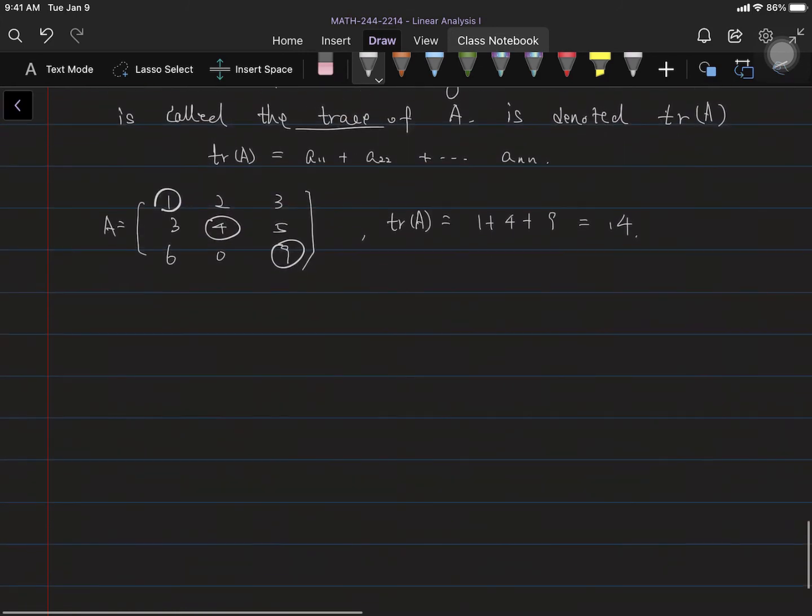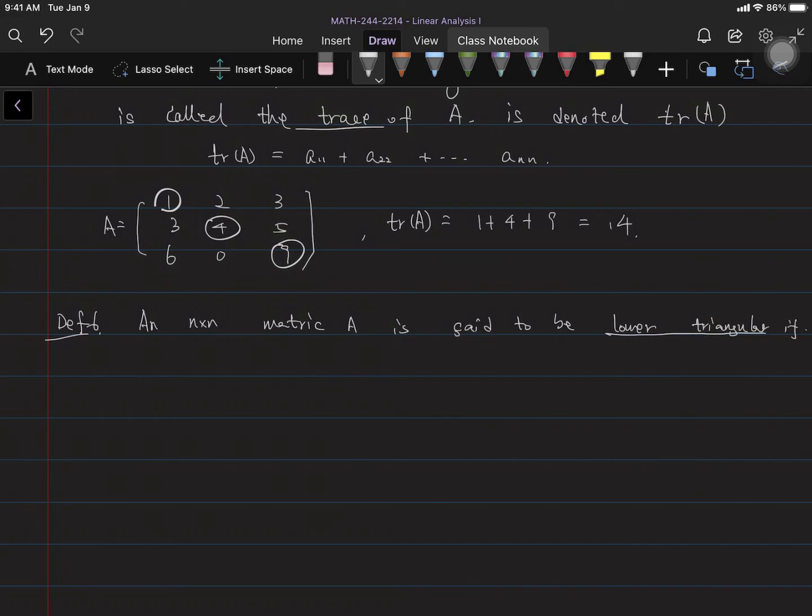Definition 6, lower triangular. An n by n matrix is said to be lower triangular if a_ij equals 0 for i less than j.